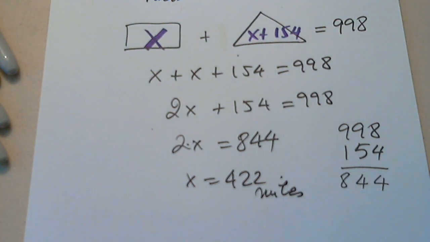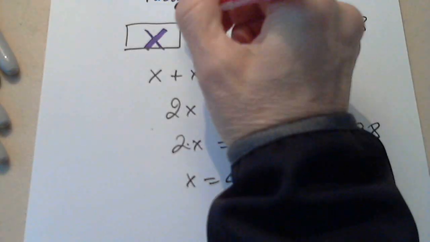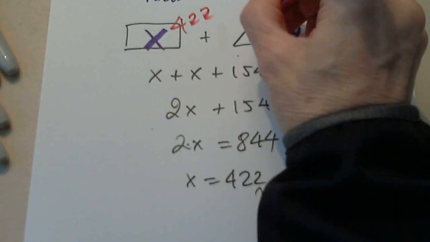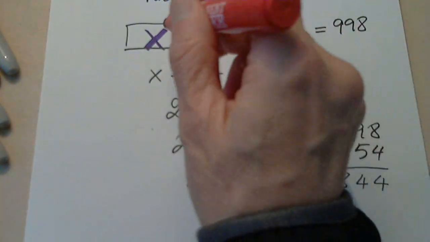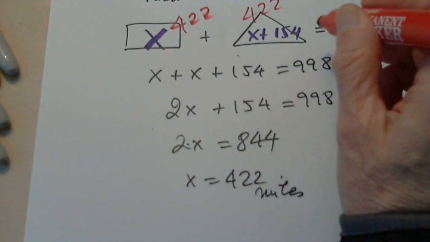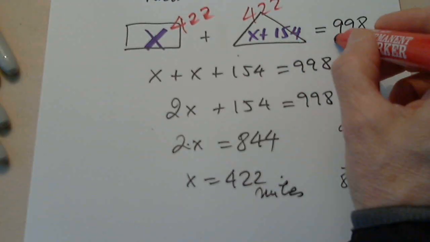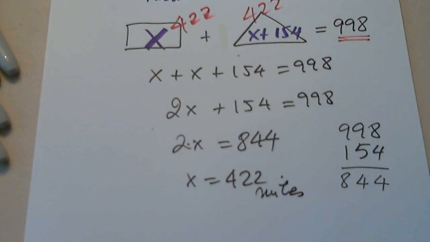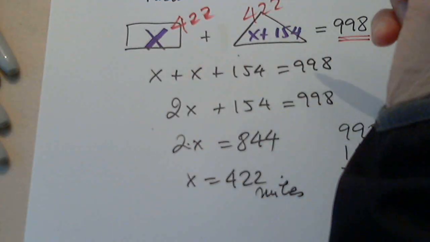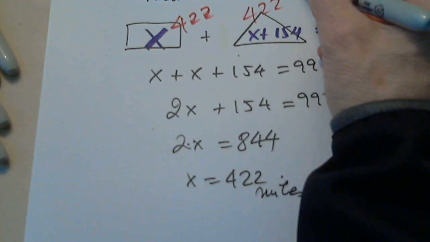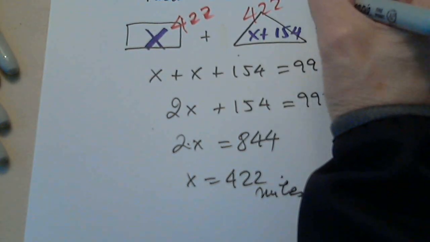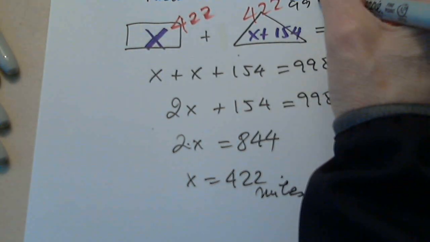Is it true? I have no clue. All I have to do, however, is very easy: go back and replace X by 422. If 422 plus 422 plus 154 does not equal 998, I'm in trouble and I have to start from scratch. 422 plus 422 is 844, I add 154 and I have 998.